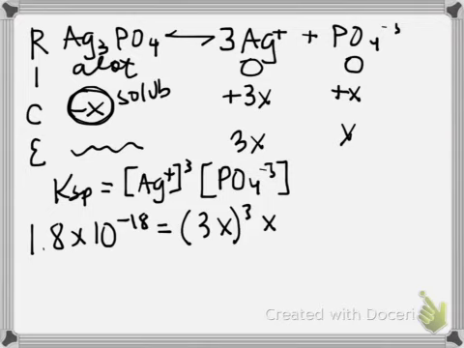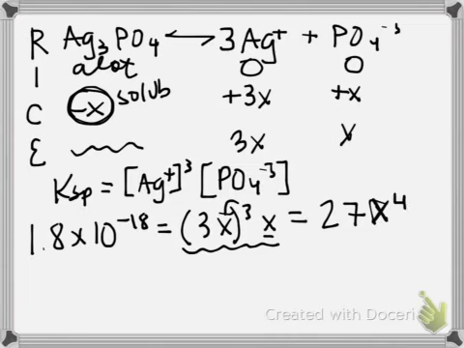When you work all of this out, the 3 cubed ends up being 27. Of course, x gets cubed as well, but we're multiplying by the other x, so it ends up being x to the 4th.